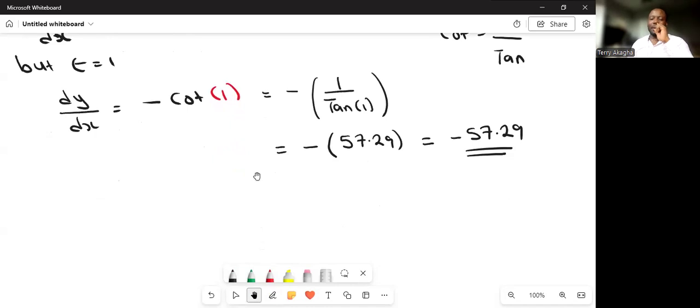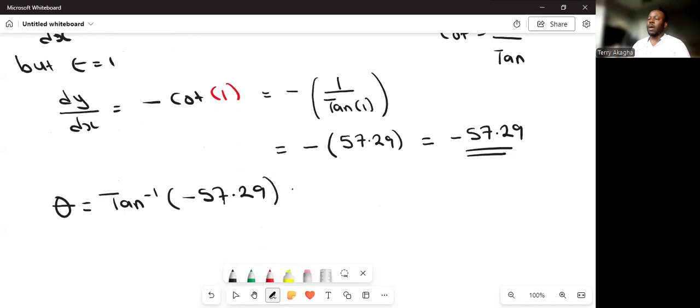Now you're finding the tan inverse, which is the same thing. So theta will be equal to the tan inverse of minus 57.29. And you just press your calculator and that will give you minus what? 89 degrees. Okay, and that is how you do it.